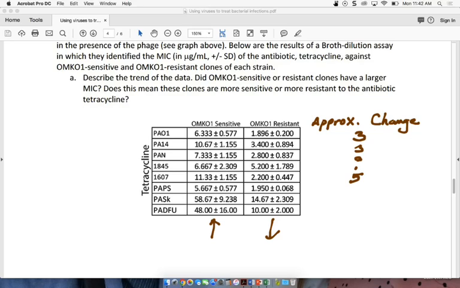Why? What accounts for this difference here? Again, think about what the target of the phage is and what the function of that target is. So what is the phage binding to? What protein?